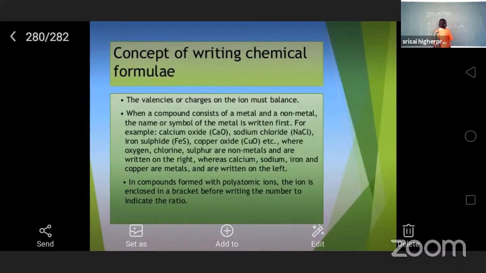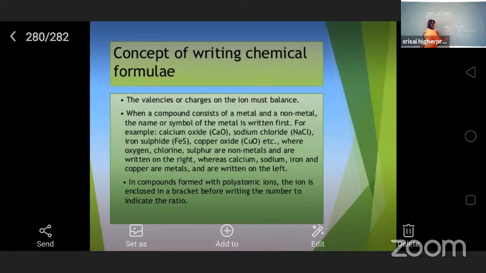So whenever we write the chemical formula, the non-metal comes to the right side of the metal.